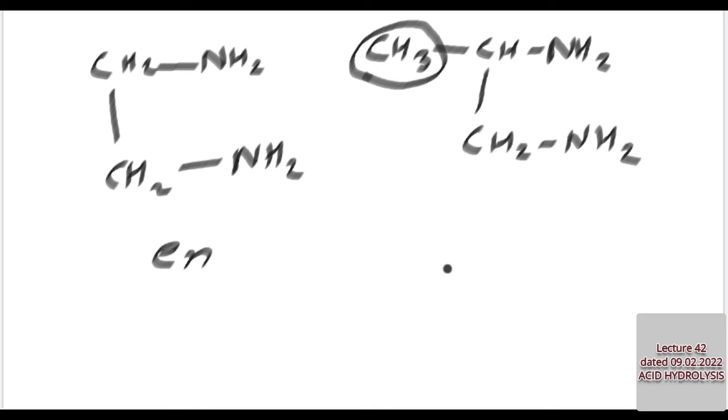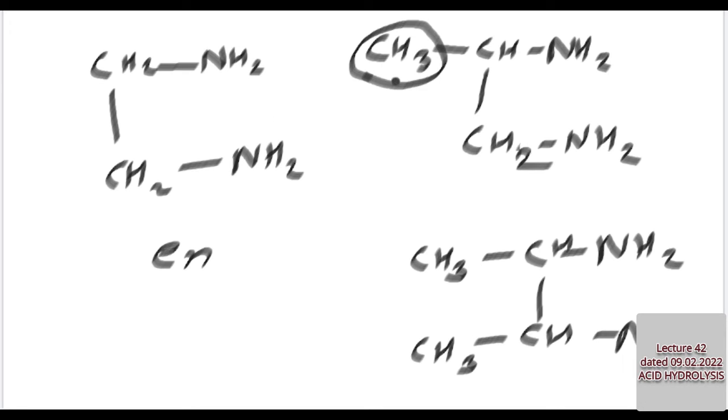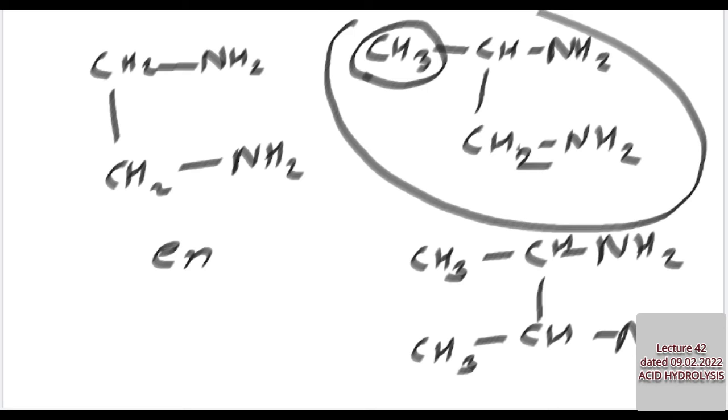It is monosubstituted, or one can represent disubstituted ethylene diamine. Sorry, while writing I was wrong there, let me correct. Sorry, it was right. Here it is disubstituted. So these are substituted ethylene diamine molecules.